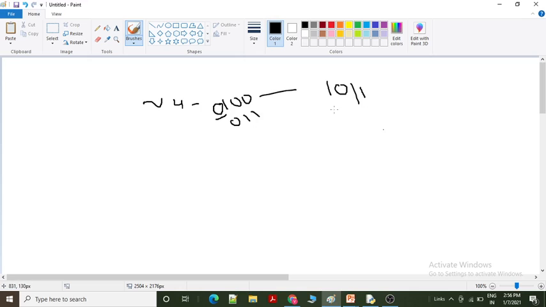So this is the inverse, or the one's complement, of your 4, which will be produced by your system when you use the not operator with the data.